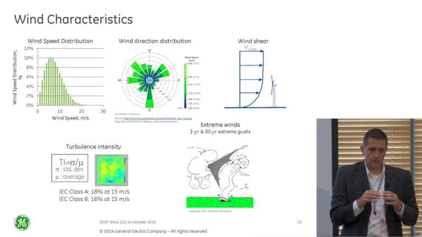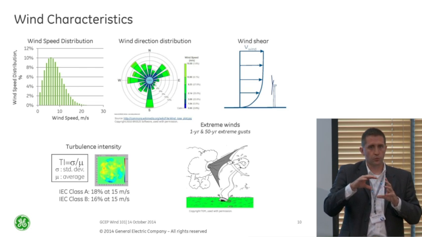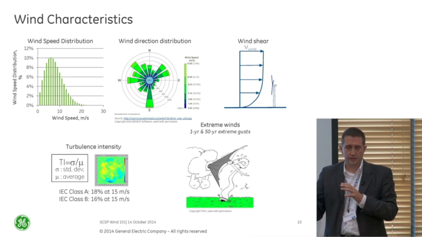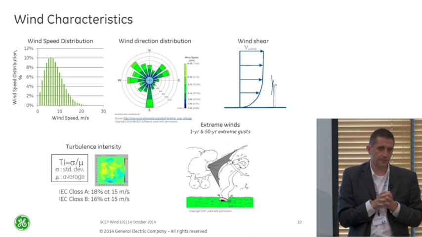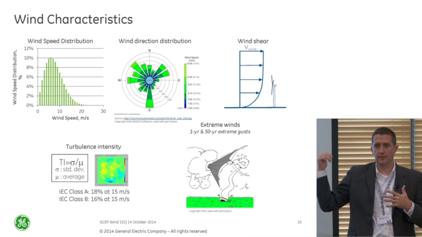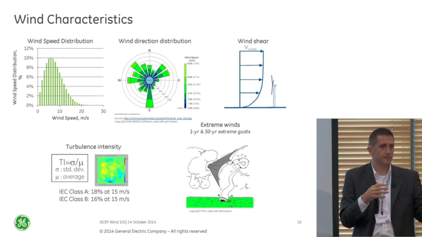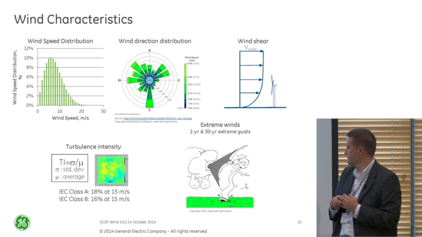Different places have different amounts of wind shear. I think the shear we're talking about is how much increase in wind we see as we go up. So we look at it in different ways, but I'll show you later a simple example of how high I should put a tower, and it depends on how much the wind speed is increasing as I go up.